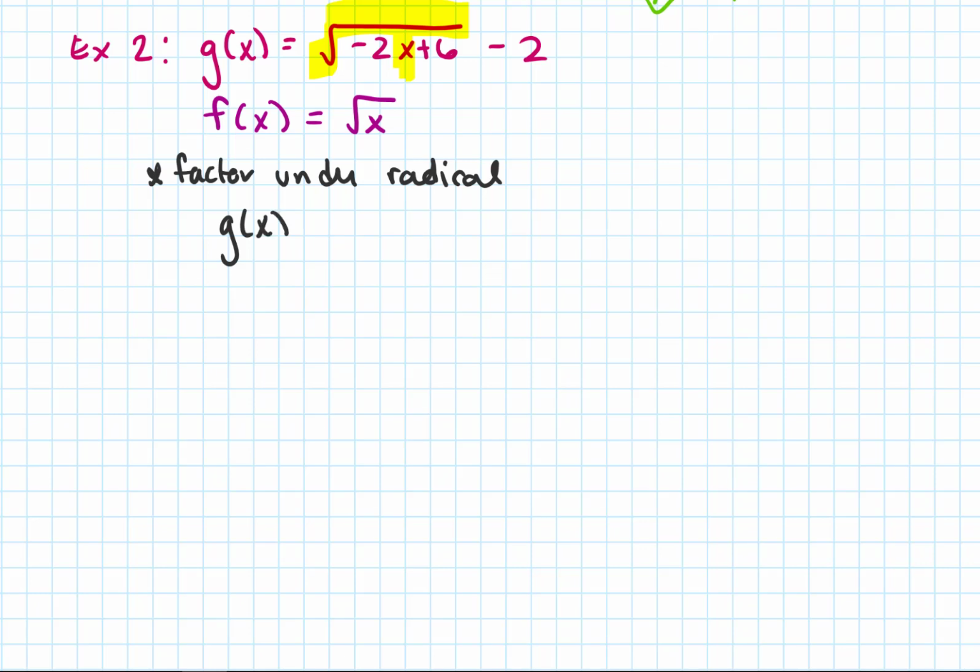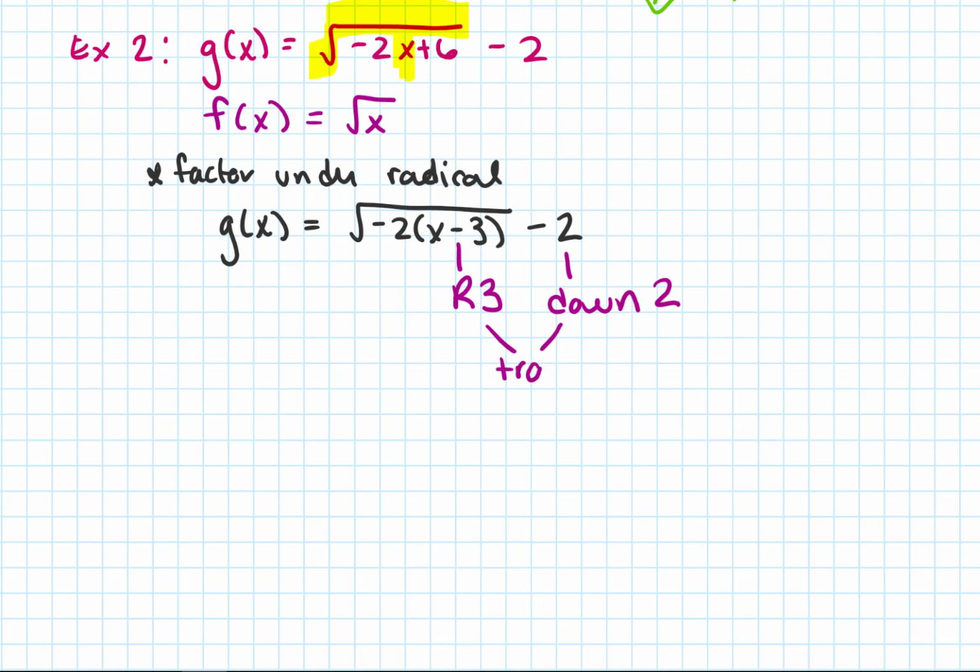So g of x is equal to the square root of -2 times (x minus 3). Now we can actually read off our transformations. So we have a right by 3, down by 2. These are both translations.